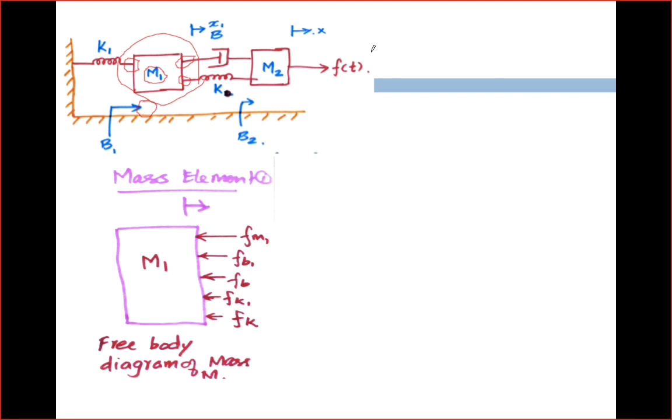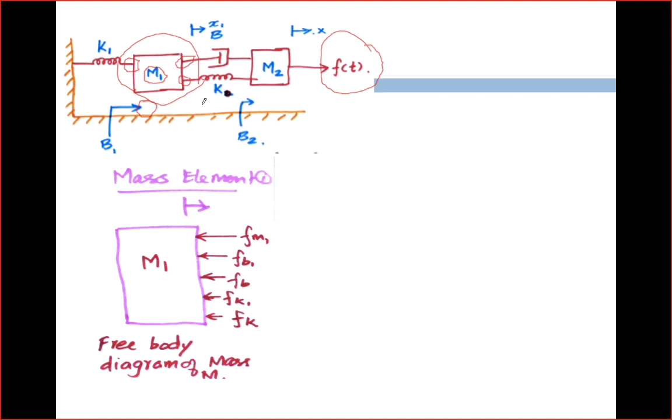We applied force on mass element 2. You can find f of t only on M2. At only one mass have we applied force, and we have not applied force on any other element. Hence no force is applied on M1. By Newton's second law, if you apply a force, there will be an equal and opposite force.